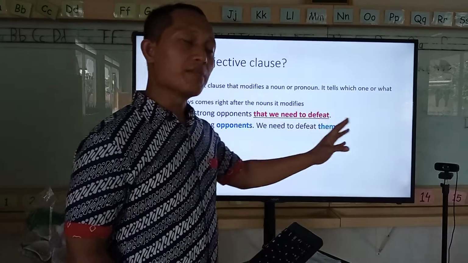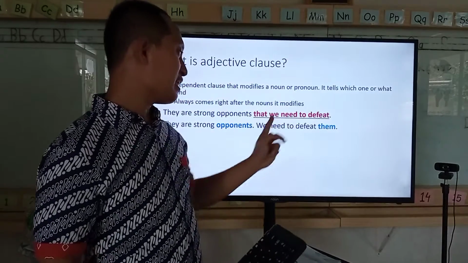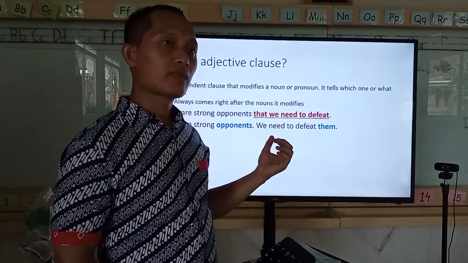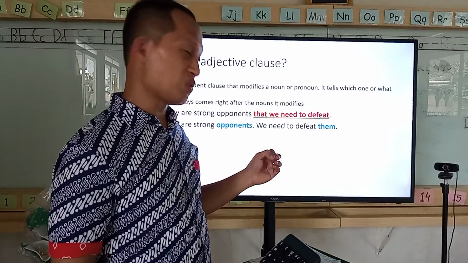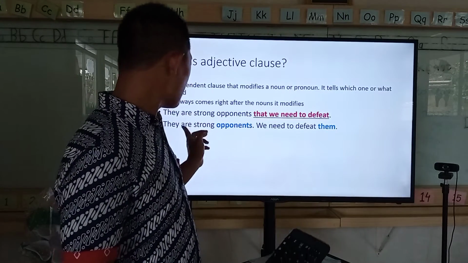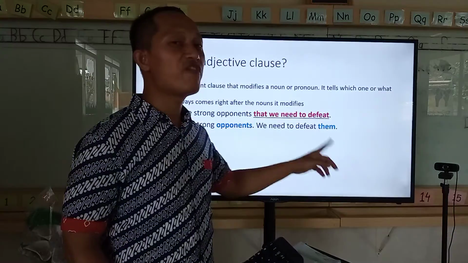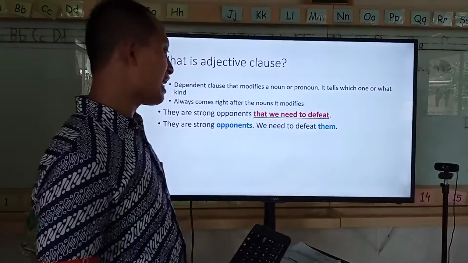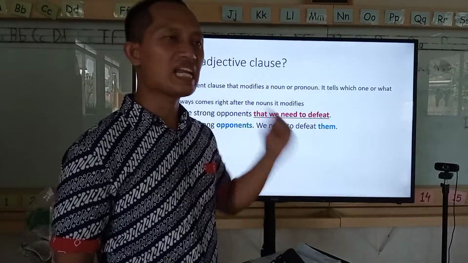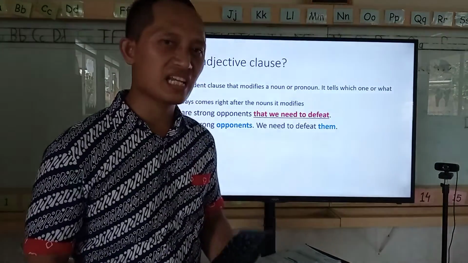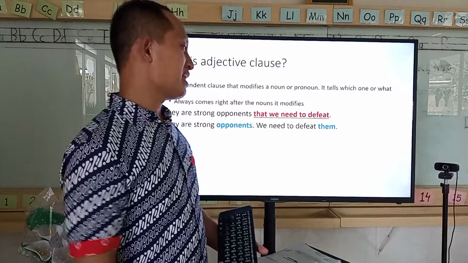If we break down this sentence, we have two independent clauses. The first clause is they are strong opponents, and the second one, we need to defeat them. Are they related? Yes, they have a relation. Opponents and them are actually the same entities.